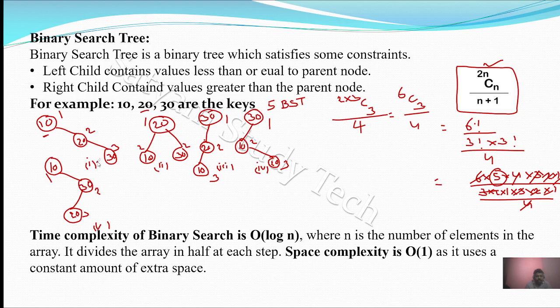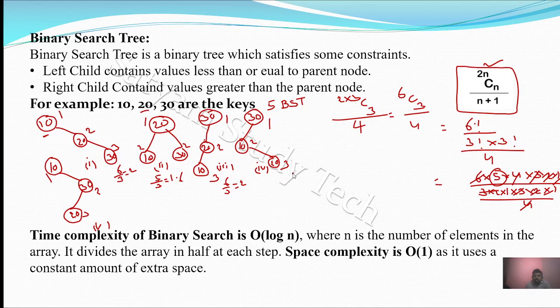Now you can see the average number of comparisons in each tree. 1 plus 2 plus 3 is 6, 6 by 3 is 2. Here it is 5 by 3, that is 1.6. Here 6 by 3 is equal to 2.